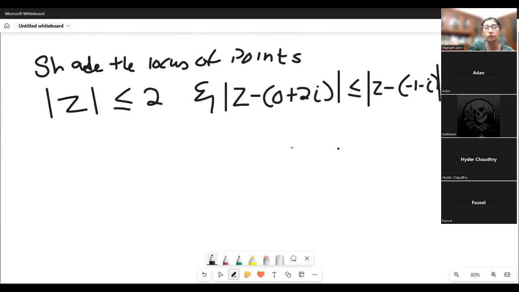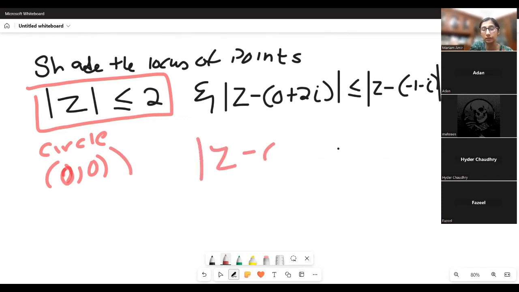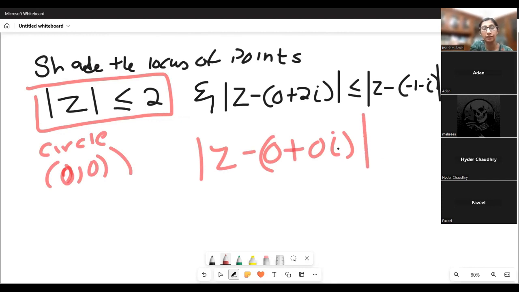Now the left one is a circle. We don't have any values here inside the modulus of z, so the center is 0 comma 0, because it's modulus z minus 0 plus 0 iota. So the center is 0 comma 0 and the radius is 2.